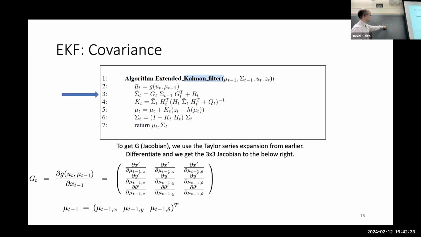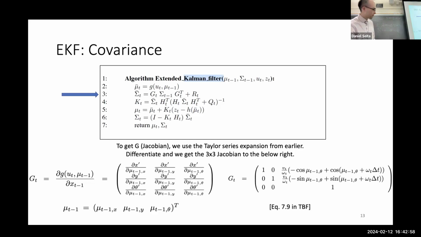So what is the derivative of sine of theta with respect to theta? Remember? Okay, then what happens is they essentially replace theta with the theta corresponding to mu t minus one, that vector.